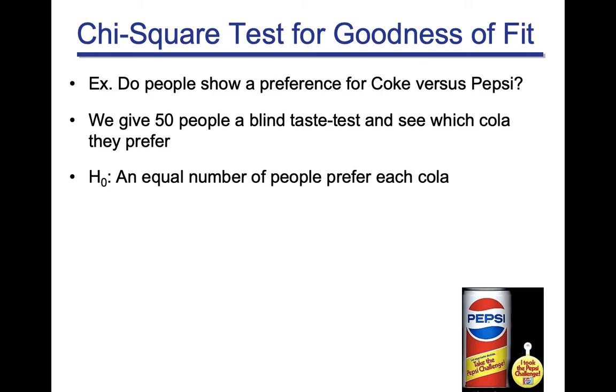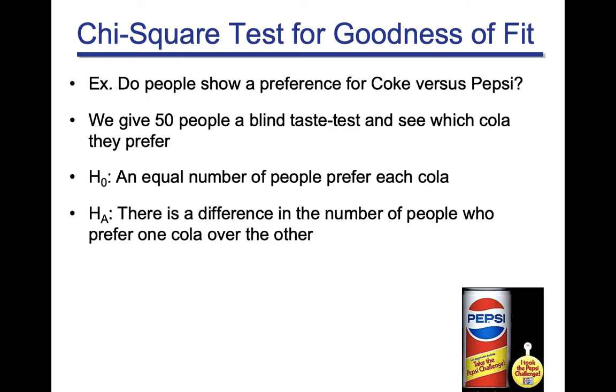So if there's no effect of one cola versus the other, there's no preference, and roughly equal numbers of people should prefer one to the other. So if we give 50 people a blind taste test, we expect that 25 people are going to say that they like Pepsi and 25 are going to say that they like Coke.